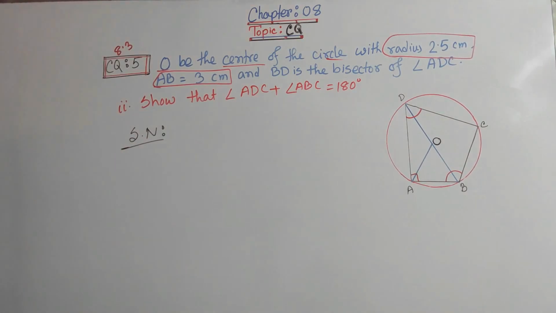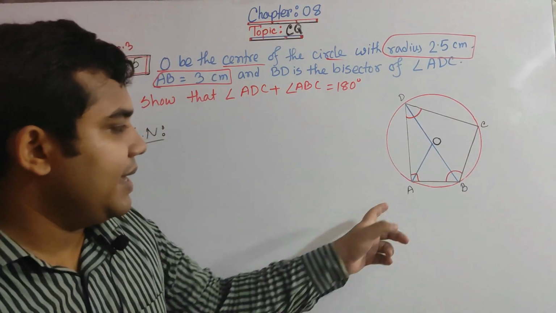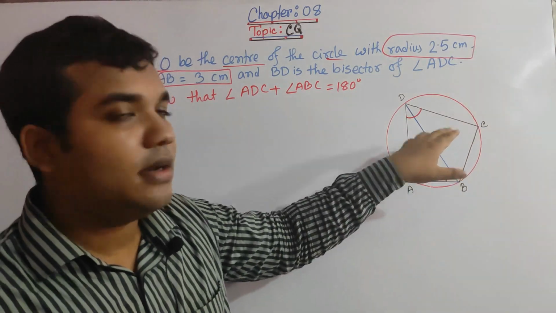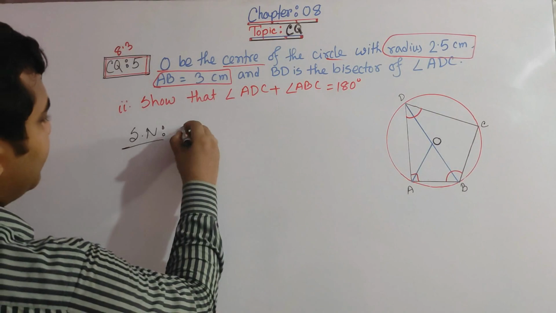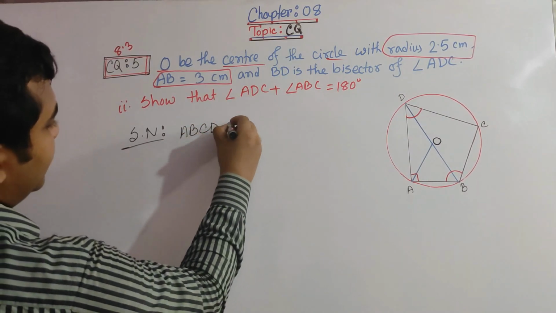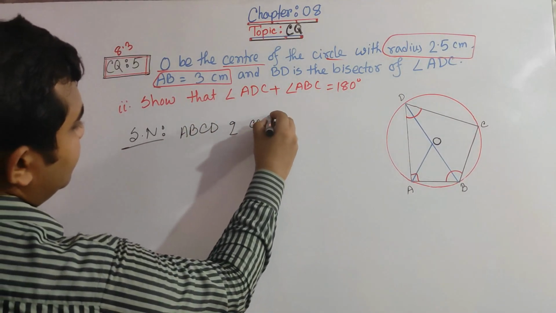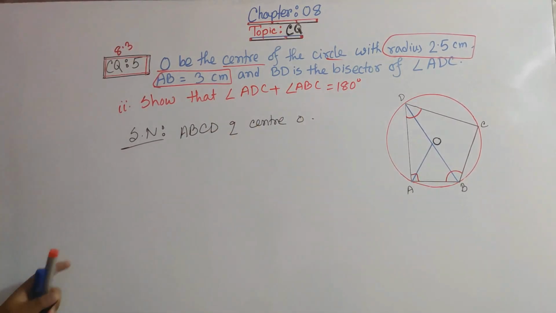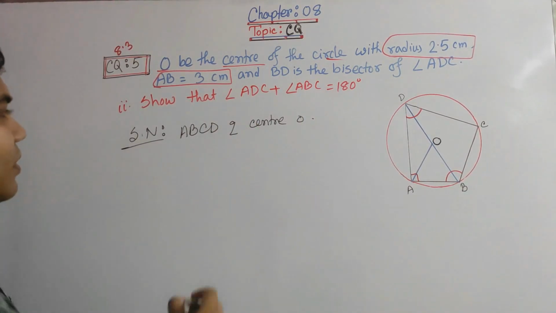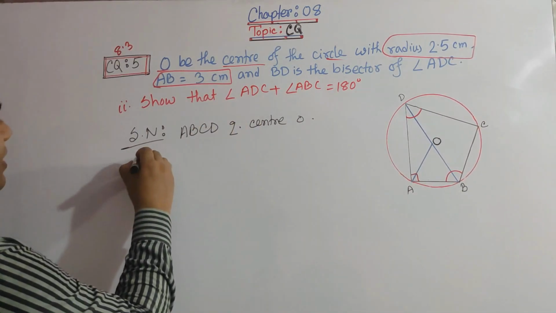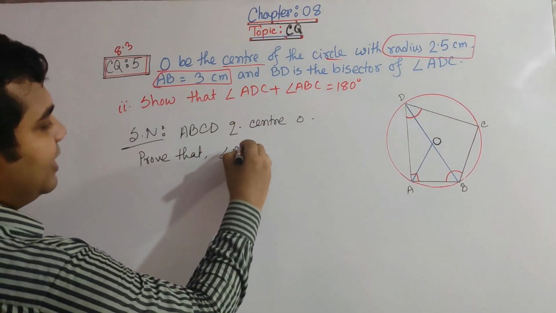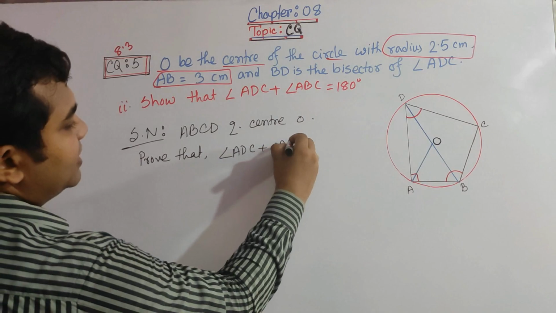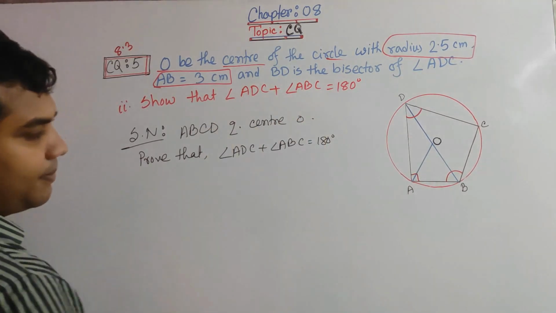Now what will be our special nomination, or the proposition? Let us assume that ABCD is a quadrilateral having center O. That can be the special nomination, and we have to prove that angle ADC plus ABC equals 180 degrees.